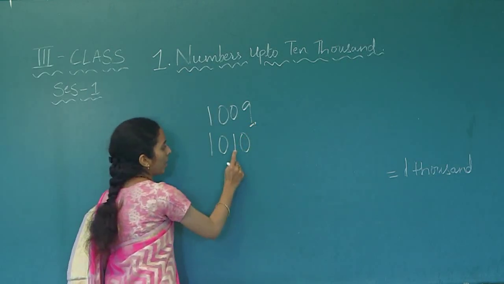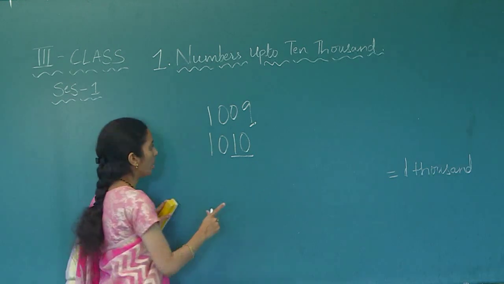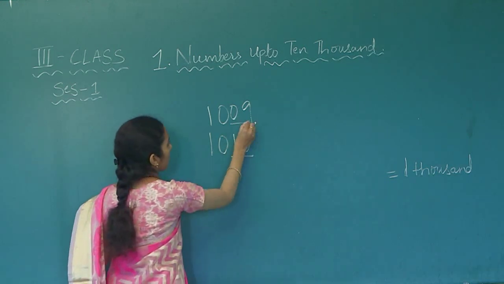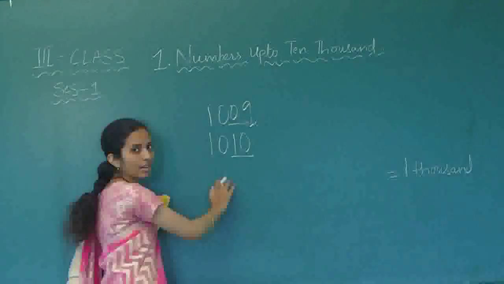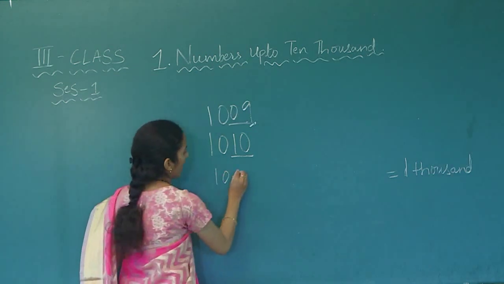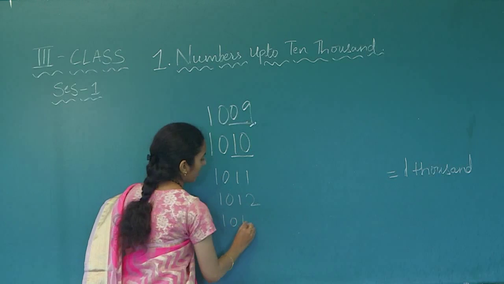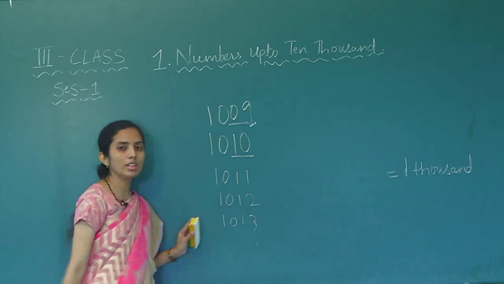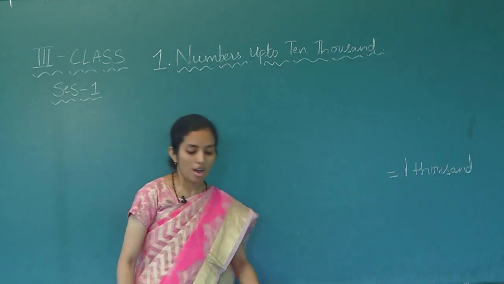But in coming to 10, 10 is a 2-digit number. So what do we have to do? We have to replace 2 digits, that is 0 and 9. So we write 1010 in this manner, and we write 1011, 1012, 1013 and so on. In this manner we write numbers till how many?